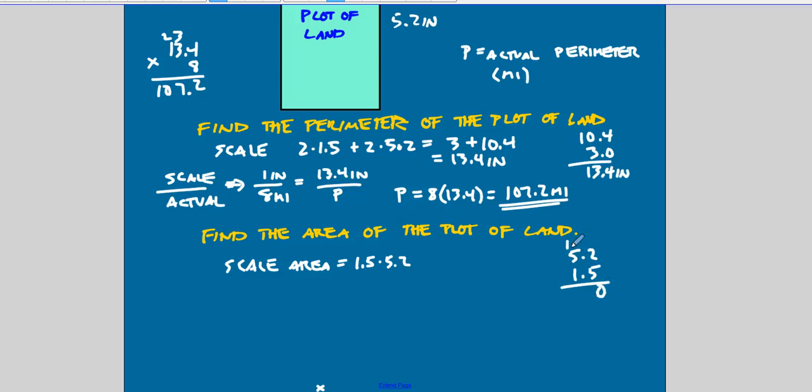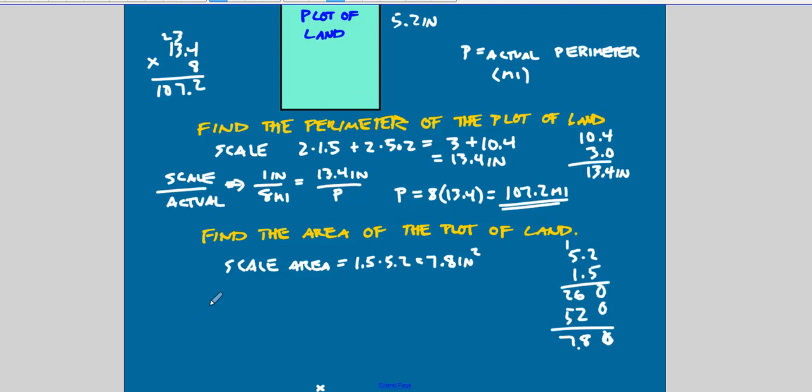That's 10, carry a 1, 5 times 5 is 25, plus 1 is 26. Add a placeholder 0, 2 times 1 is 2, 5 times 1 is 5. So you get 780. 2 places for the decimal points, so that's 7.8 square miles. I'm sorry, square inches, because we're talking about the scale drawing right now.